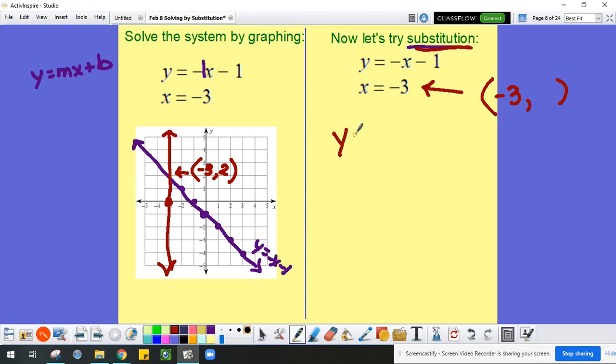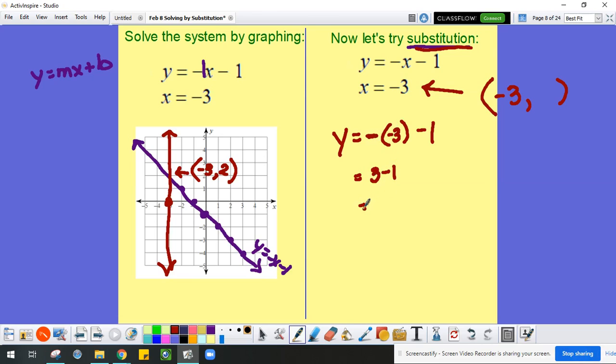So y equals -x minus 1. Notice I still have the negative from the equation. x is in parentheses, and I'm going to fill it in now with a -3. You might remember from multiplication or from number lines that a negative and a negative right next to each other, with no numbers in between, is really a positive. So the opposite of -3 is +3.